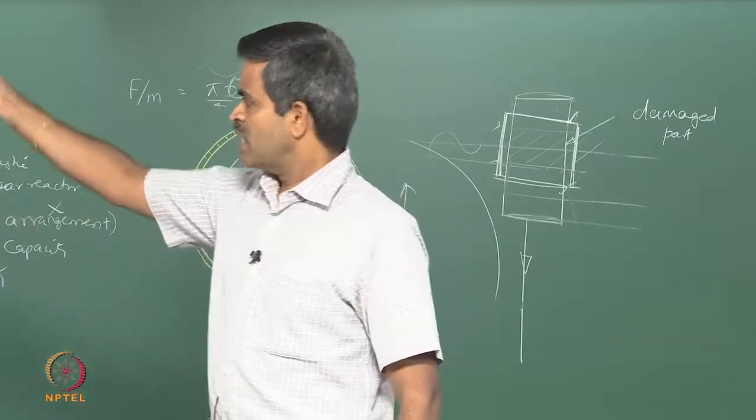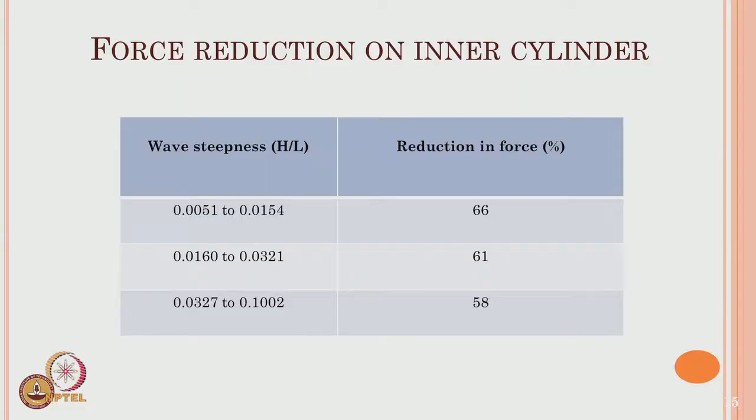H by L has been configured varying from the lowest value of 0.051 to the highest value of 0.1, and this range has been divided and classified as low, medium and high wave steepness. For all the categories, varying from 0.051 to 0.1002 for different incremental intervals, the numerical studies have been carried out.